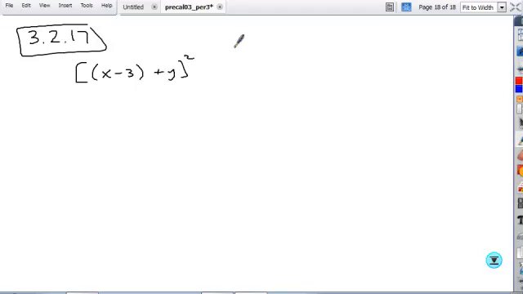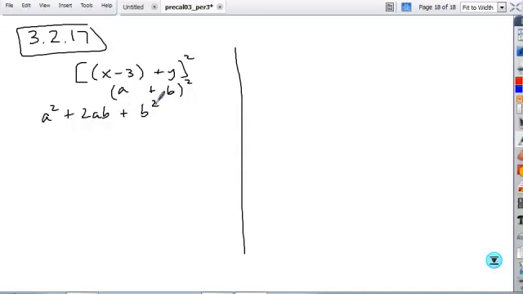Okay, if you are comfortable with the pattern, what we have is quantity a plus b squared, where a is a binomial, x minus 3, and b is just the y. If you were to expand this out, a binomial square expands into the first term squared plus double the product of the terms plus the last term squared.